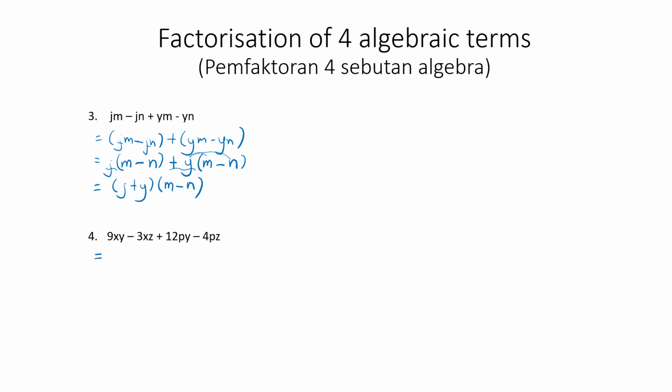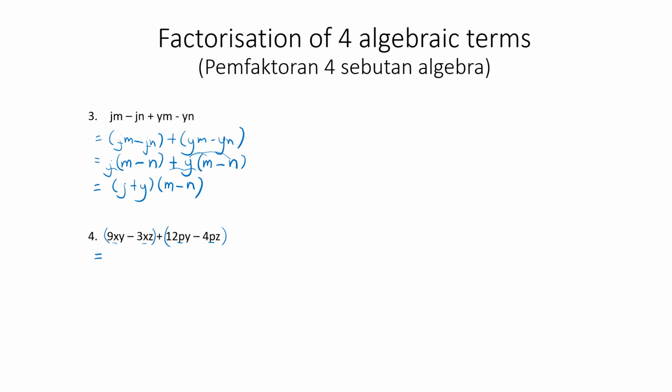Okay, for the fourth question, question 4, you can group it. So I can group it like this. This one group, common term is x. This is another group. The common term is p. Okay, for this question, you can see 9 and 3.